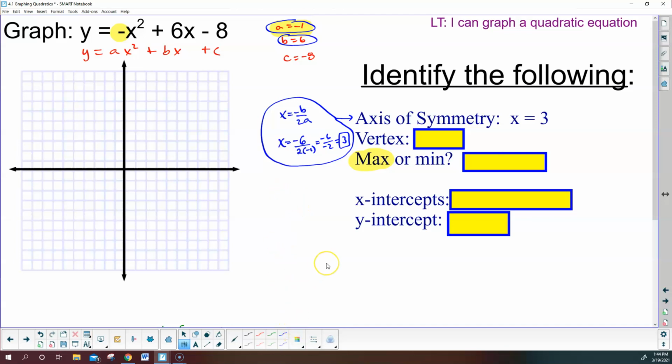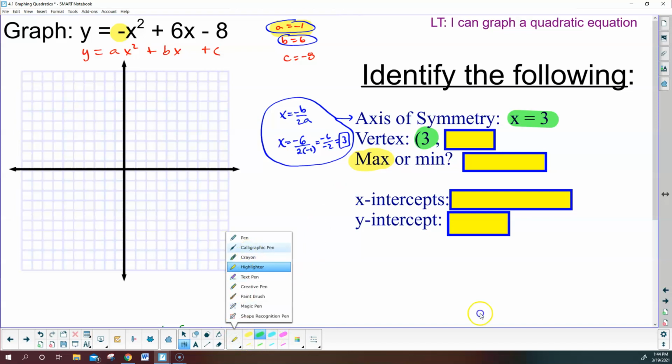Well, as soon as I know that axis of symmetry, then I can go to the vertex. And I know that the x coordinate is 3. Well, what we need then is we need the y coordinate.